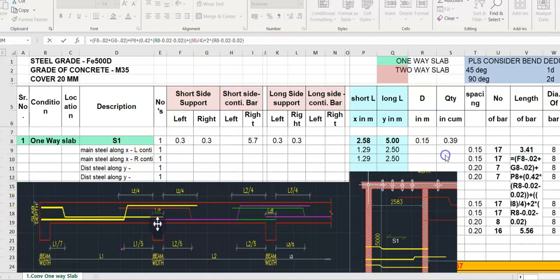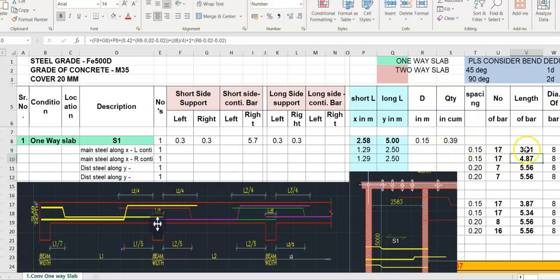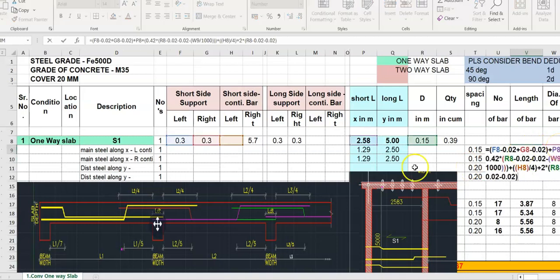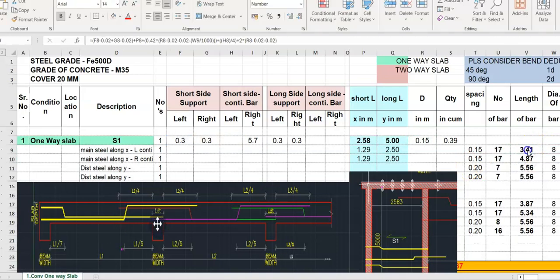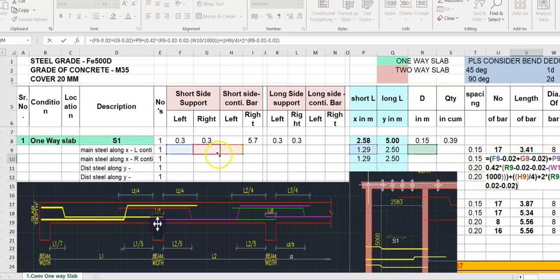Okay. Now simply Control D of this formula. Now same things as above. This is support F8. This is next support G8.